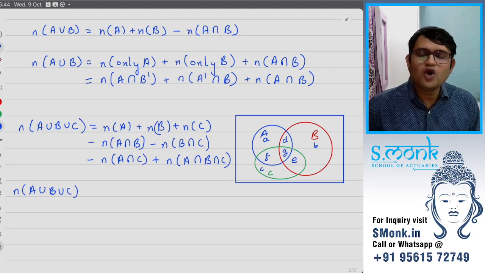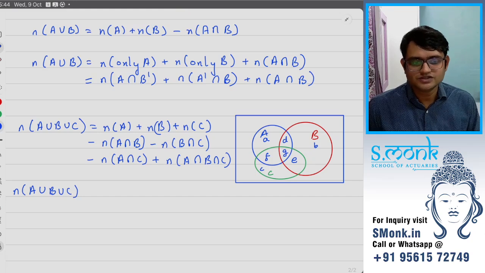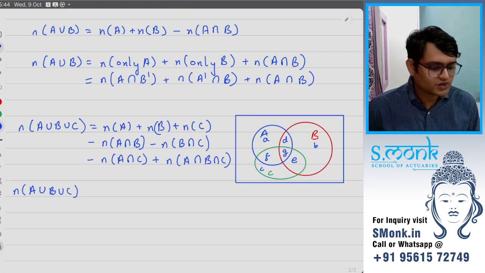So if I add up all of these regions, I am going to get A union B union C.